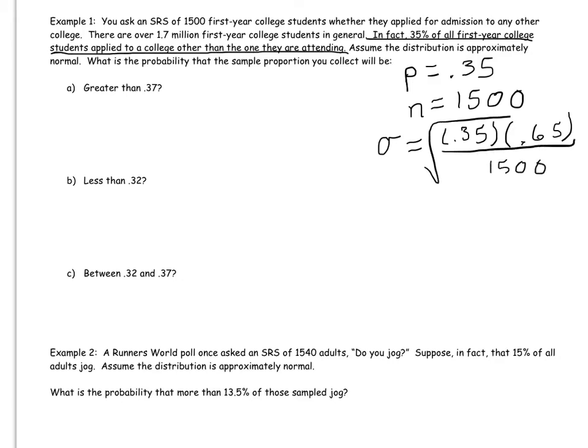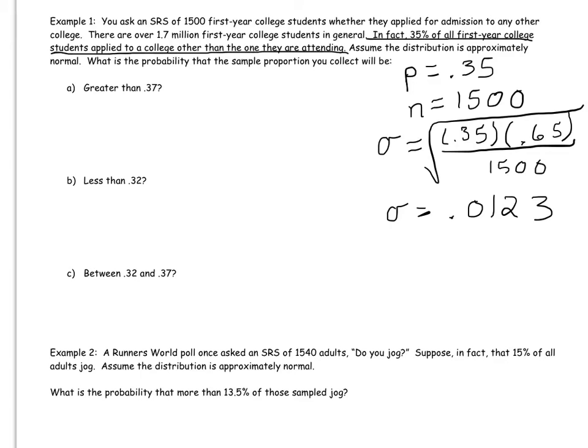So let me grab my calculator: 0.35 times 0.65 divided by 1,500, get that answer, and then take the square root of that answer. I get that the standard deviation is about 1.23%.